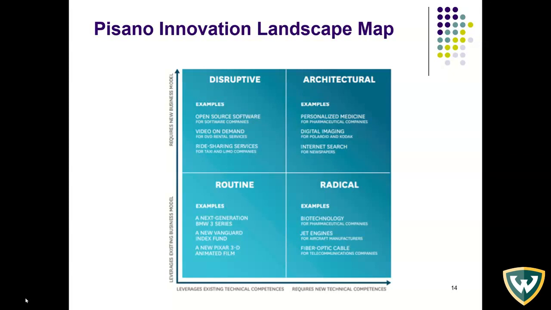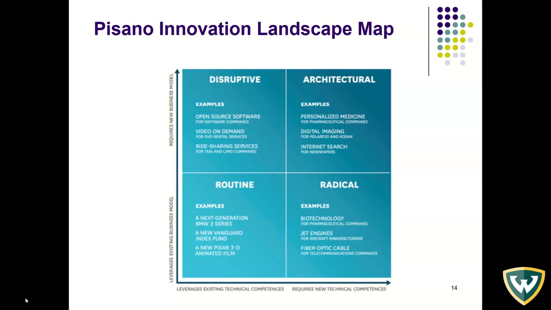So the first type of innovation, well, actually, let's first describe the axes. The vertical axis is talking about business model innovation. When you have a routine innovation, this is something that sits within your business model and within your technical competencies.